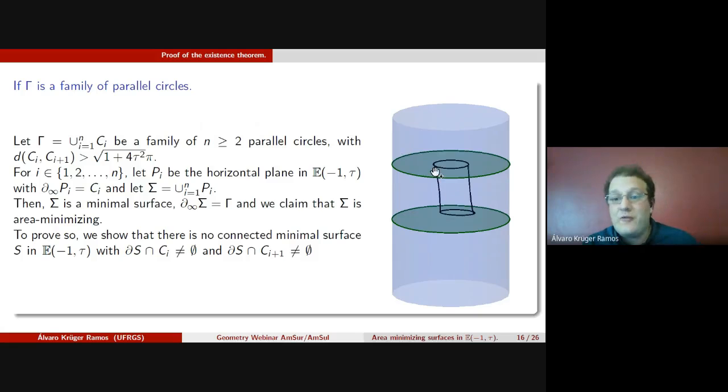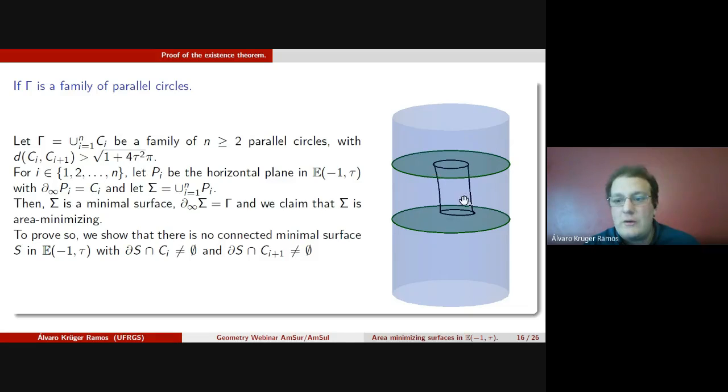So we prove that there is no minimal surface inside of E-1 tau, which is connected and has boundary components up in this plane and down in this plane. And this proves that these two planes together are area minimizing, because if there is no surface like that, then any domain you choose here, the minimal surface is going to be disconnected and inside this family of planes.